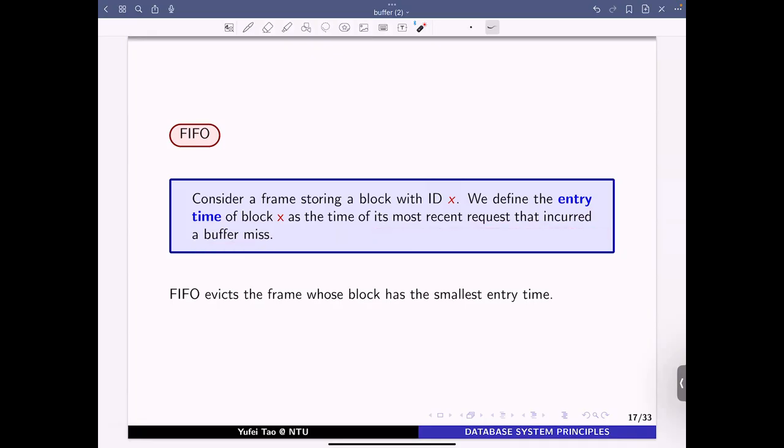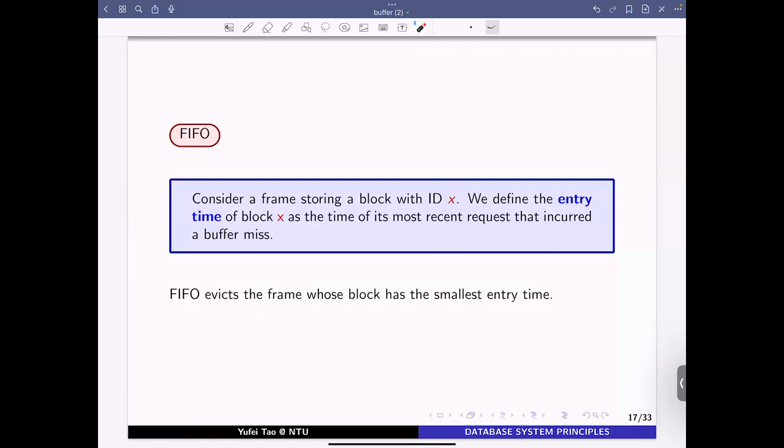We'll see an example, and then things will get very clear. You can look at the sentence. It's a more formal way to say what I just said. Very informally, it's just the time the block entered the frame.